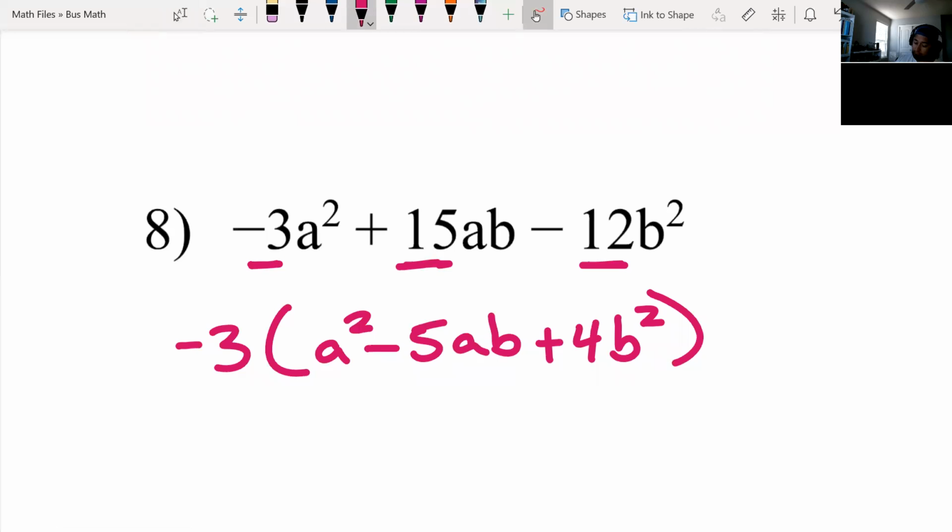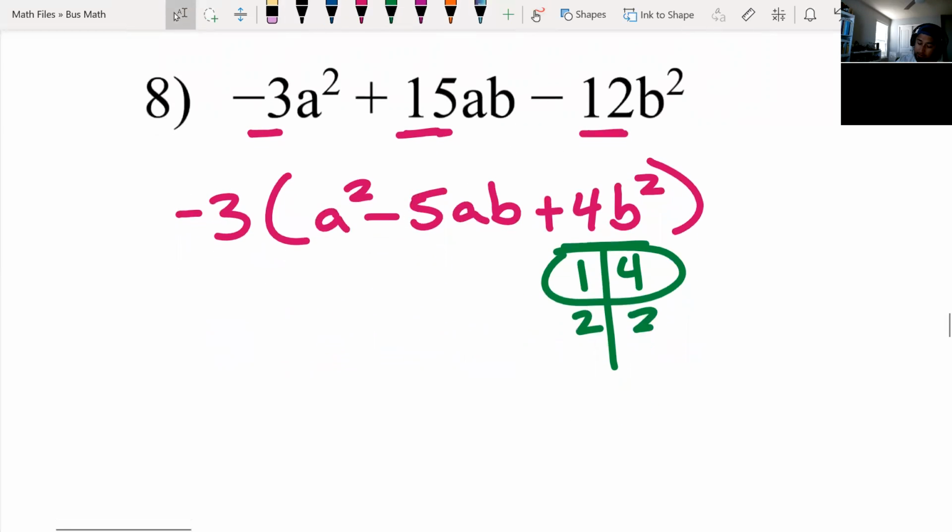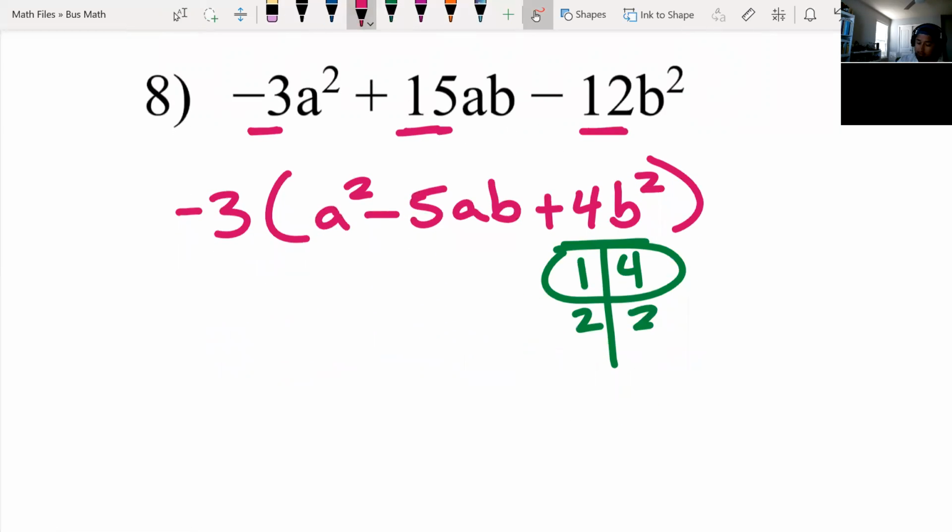Okay. And now you can list the factors of 4, 1 and 4, 2 and 2, and which ones are going to get us to 5? 1 and 4. And look, minus plus, that's another one of my favorite forms because those are easy. That means that we're going to have minus minus. Don't forget that -3.